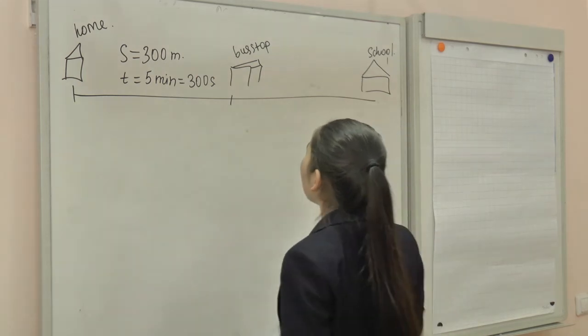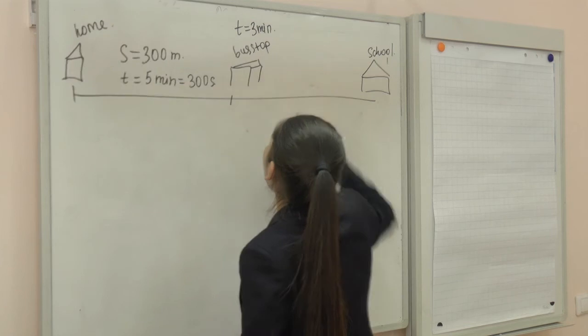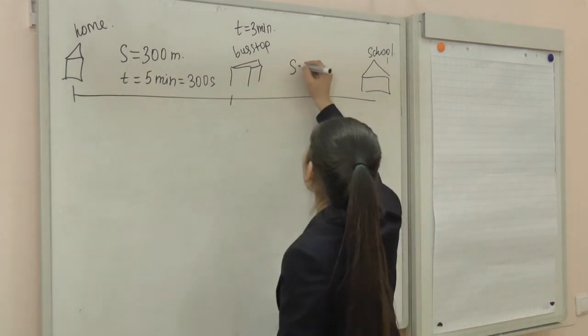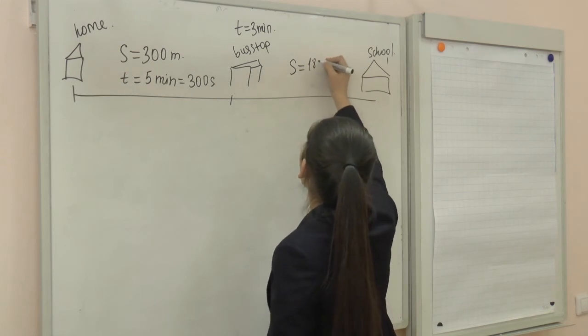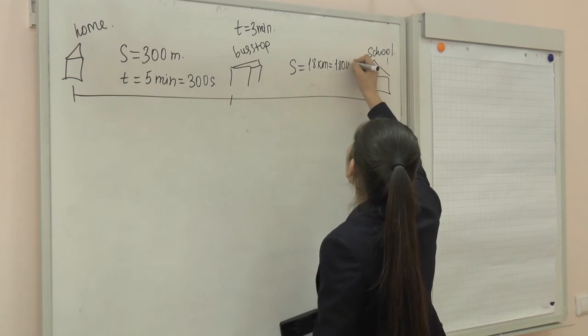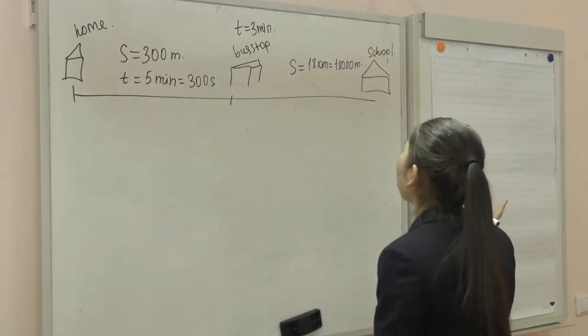Time for waiting is equal to 3 minutes. And the distance between the bus stop and school is equal to 18 kilometers. In the SI system, it is equal to 18,000 meters.